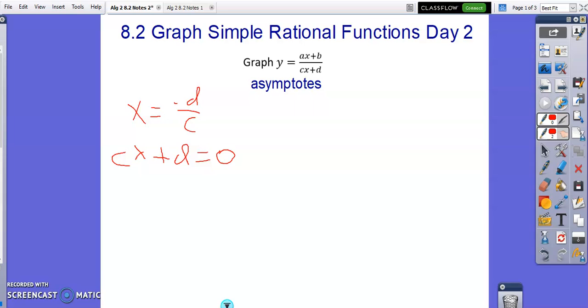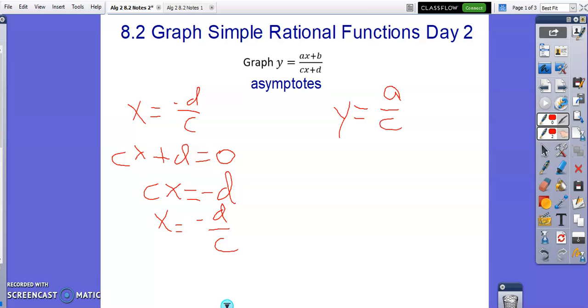So whatever x value makes this happen would be where the asymptote occurs. So if I do minus d on each side, that's cx equals negative d. And then with a divide by c on each side, we end up with x equals negative d over c.